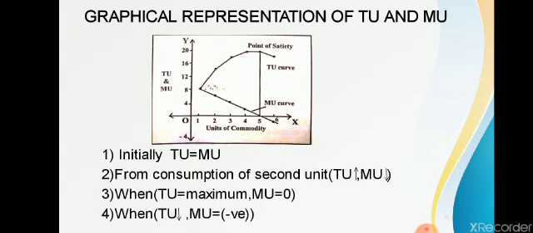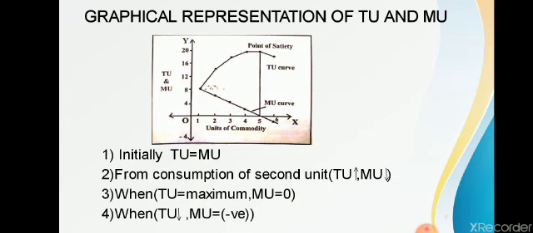When the total utility is maximum, that is the point of satiety, the marginal utility becomes 0. It is touching the x-axis. When the total utility is maximum, marginal utility is 0.